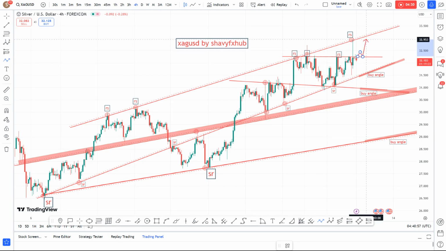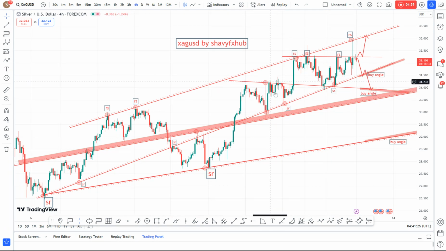On the break of a 4 hours candle, you see us go back. From where we are, it's most likely that we are going down to test the first buy angle, or price might oscillate and come down again to the second buy angle.